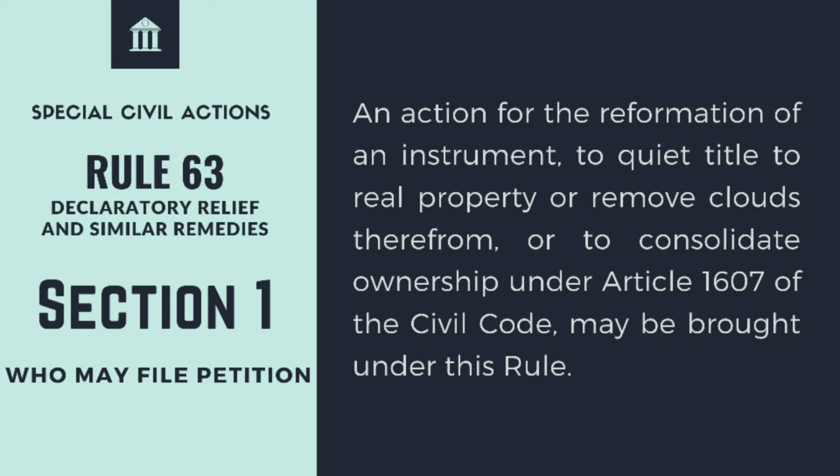An action for the reformation of an instrument, to quiet title to real property, or remove clouds therefrom, or to consolidate ownership under Article 1607 of the Civil Code, may be brought under this rule.